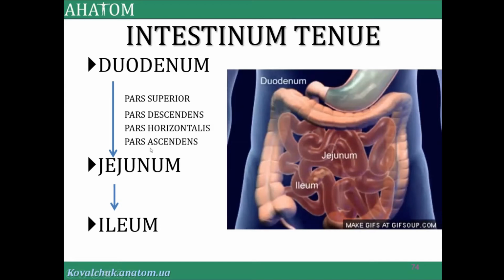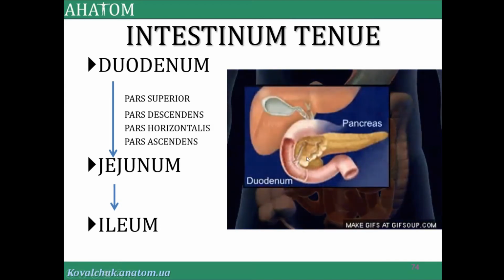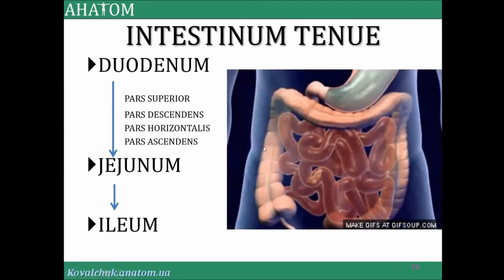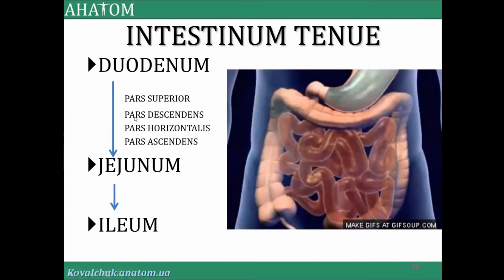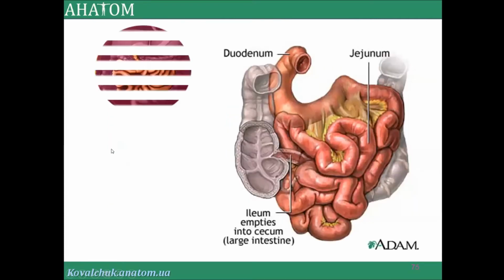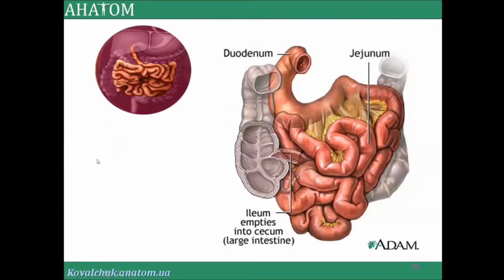All these parts connect with the head of the pancreas, and the juice of the pancreas moves into the descending part, and the bile duct opens in the descending part of the duodenum.